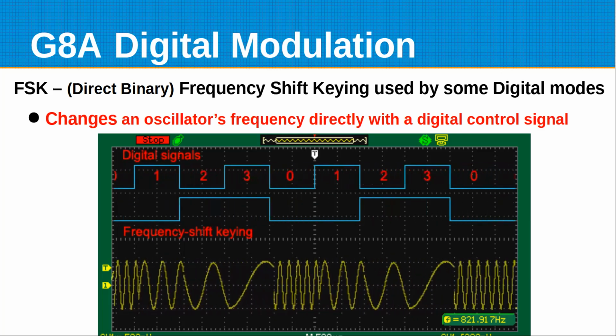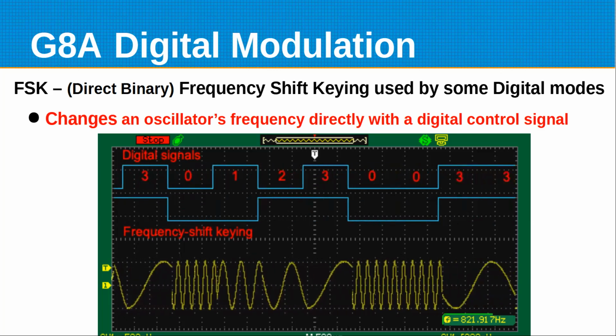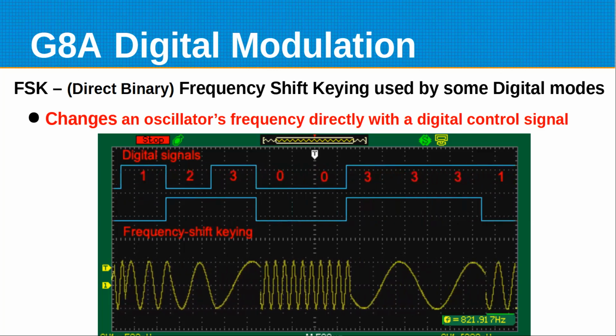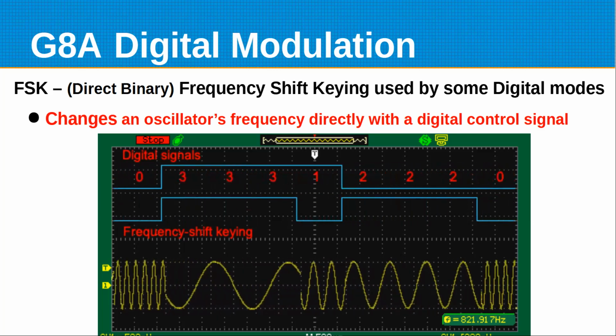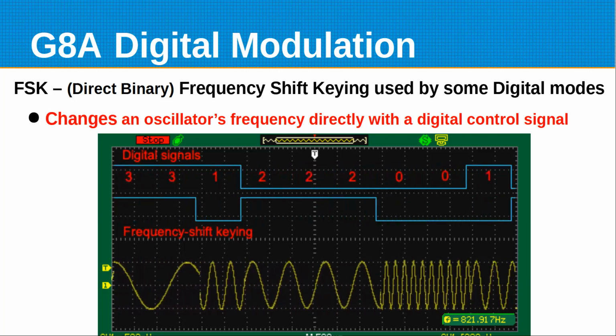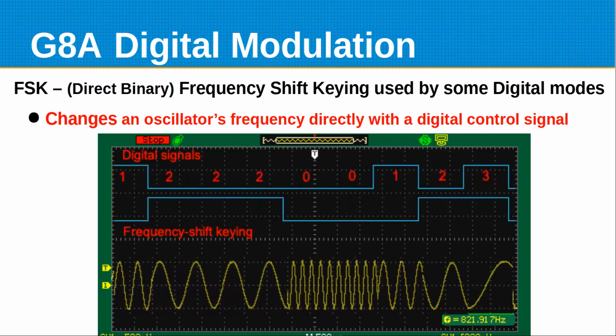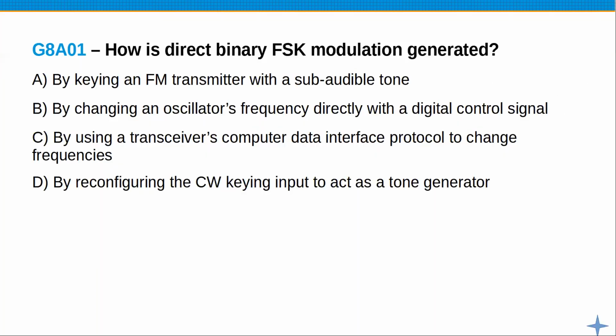If it was FT8, there's 8 tones, so there are 8 states, and each one is 6.25 hertz, so they vary over a very narrow range. How is direct binary FSK modulation generated?